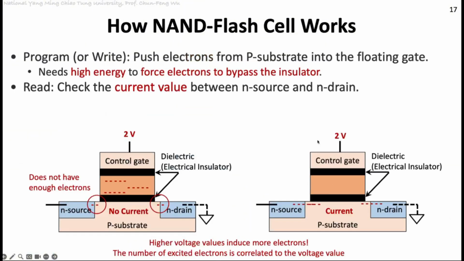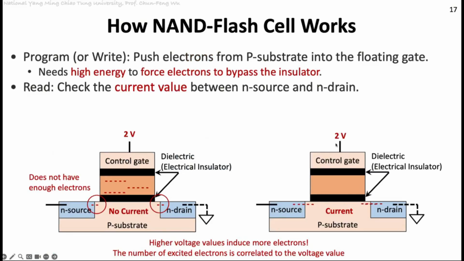So if we apply 5 volt or even more than 5 volt here, there are a lot of electrons becoming excited. Okay, but at 5 volt, or even up to 20 volt, the energy is still not enough to let them cross through the dielectric layer. So those delocalized electrons will be collected from the N source to the N drain.